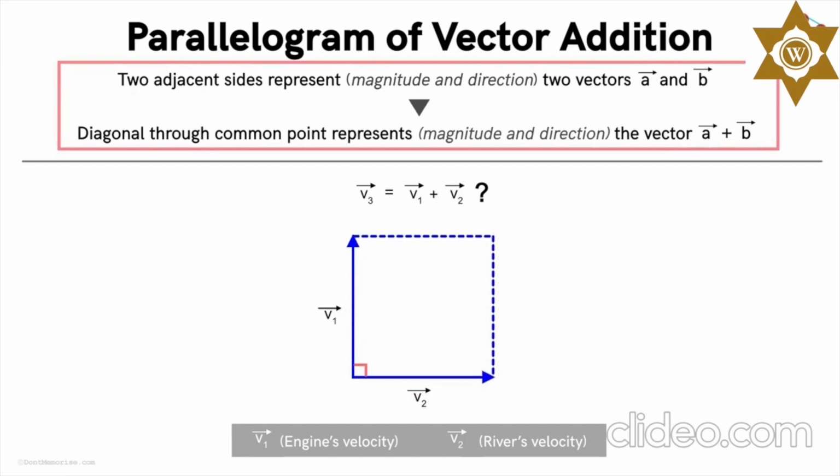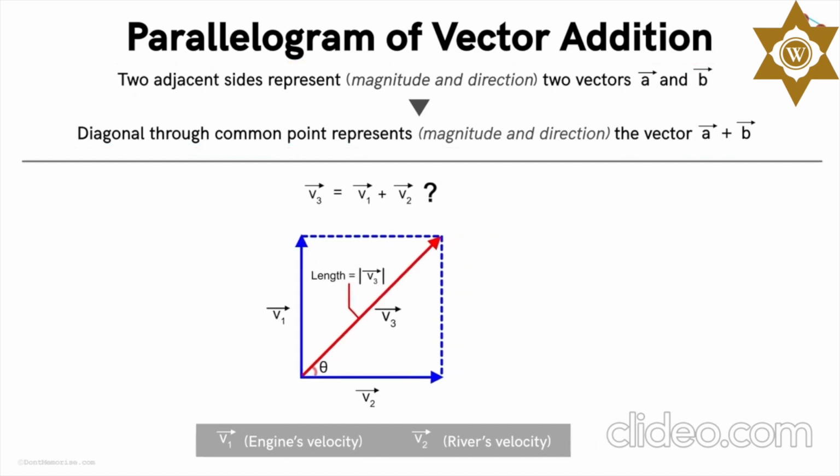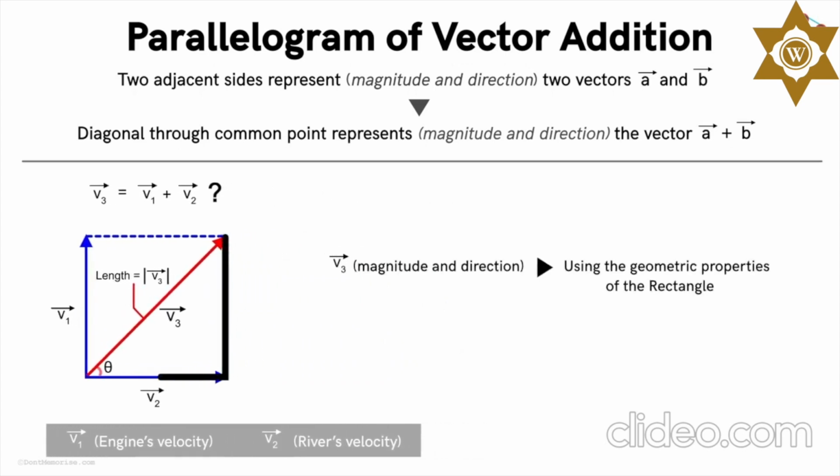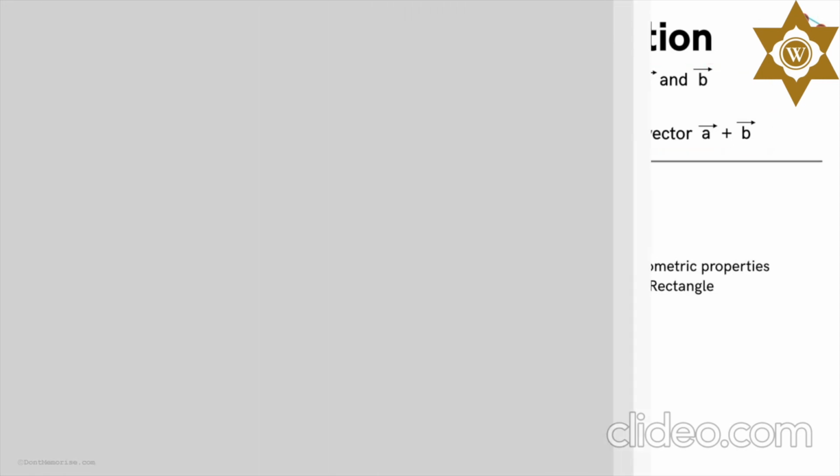Now, according to the parallelogram law of vector addition, this diagonal will represent the vector v3. We can find the magnitude and the direction of the vector v3 by using the geometric properties of this rectangle. So, in this way, we can apply this law to find the vector sum of two vectors.